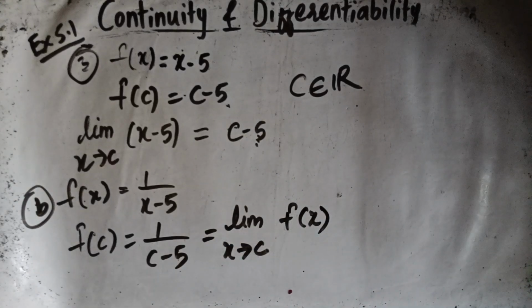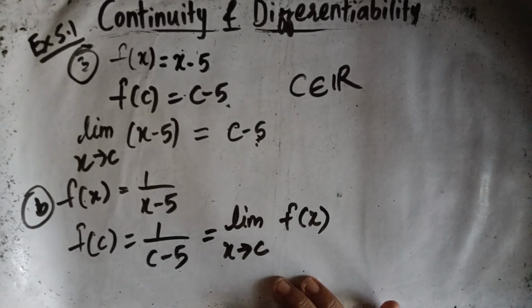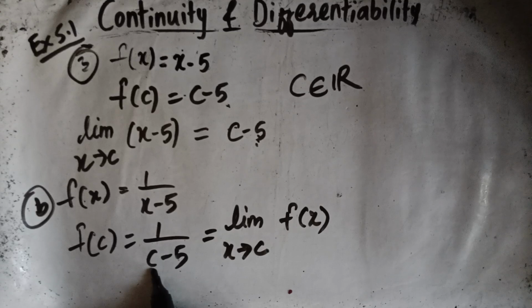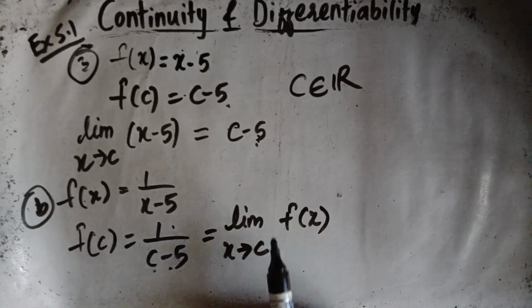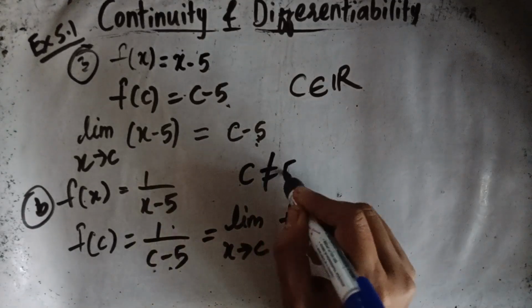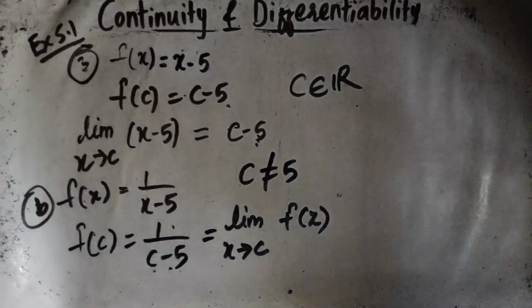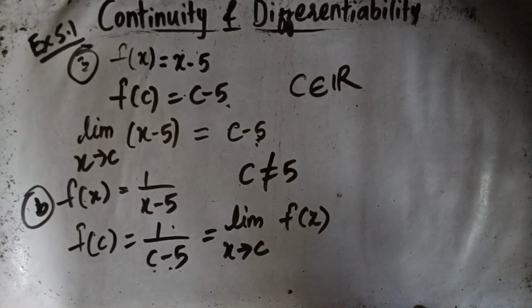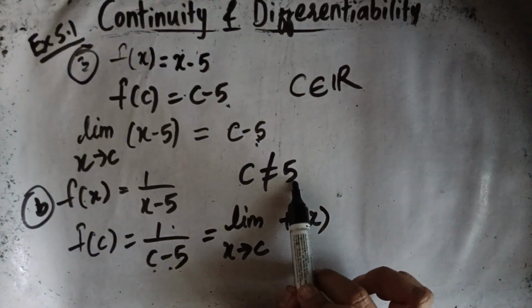So here also it is continuous. But the only problem is if c is 5, then this function becomes not defined. So we have to define c in such a way that c is not equal to 5. c can be any other number, but c is not equal to 5.